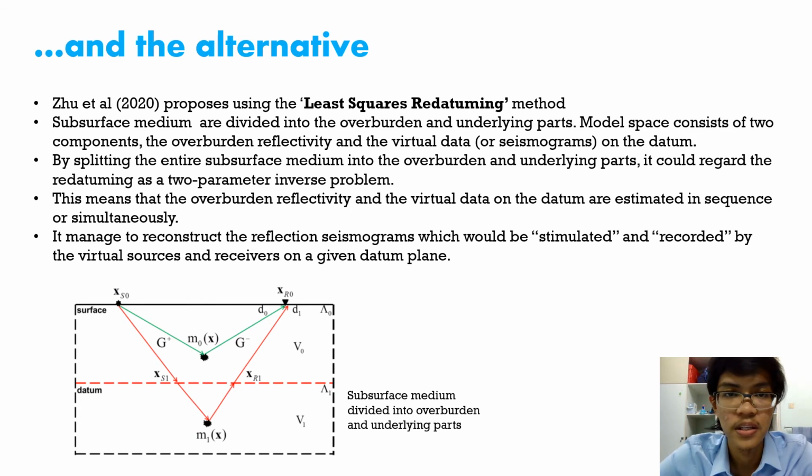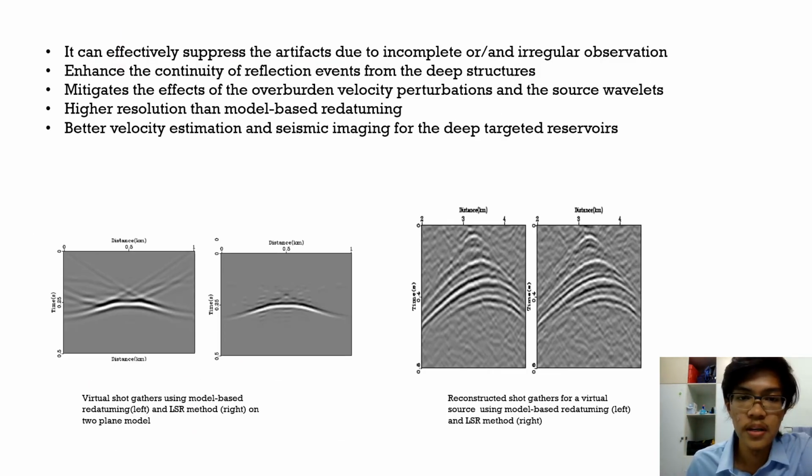What this method has achieved is that it managed to reconstruct the reflection seismogram, which would be stimulated and recorded by the virtual sources and receivers on a given datum plane. So what least square redatuming has been able to achieve is that it effectively suppresses artifacts due to incomplete or irregular observation.